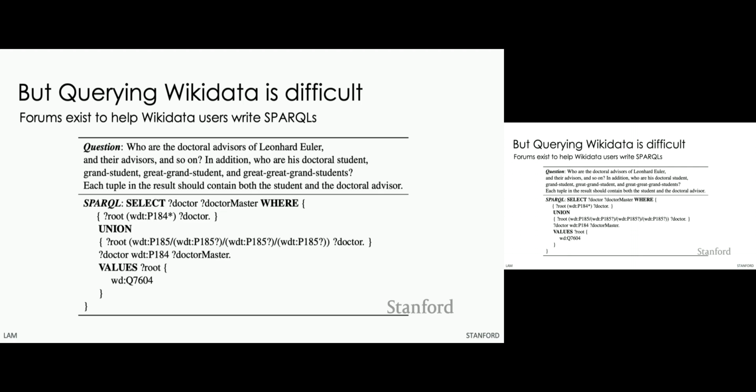In addition, who are his doctoral students, grand-students, great-grand-students, and so on? Each tuple in the result should contain both the student and the doctoral advisor. Okay? You know what it is, right? I'm just trying to figure out all the relationships between advisor and advisee. But now you have to express it in SPARQL. And that is the SPARQL that you're supposed to write. Not easy. Okay? I'm not going to try to explain this either. So what do we do?